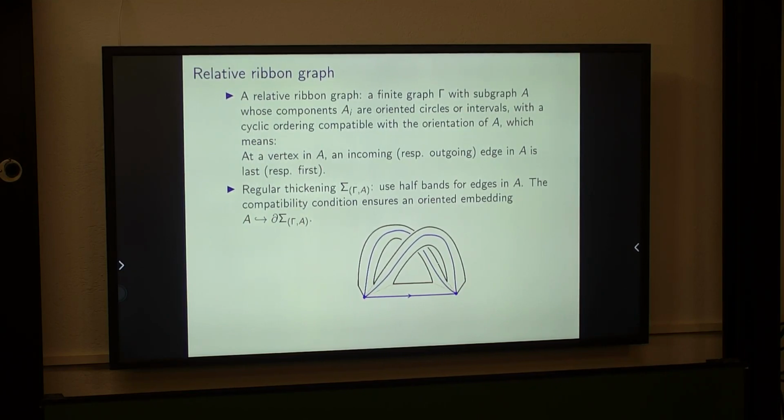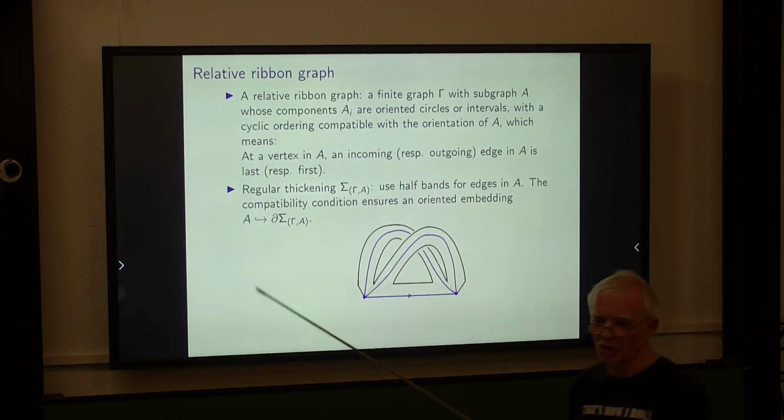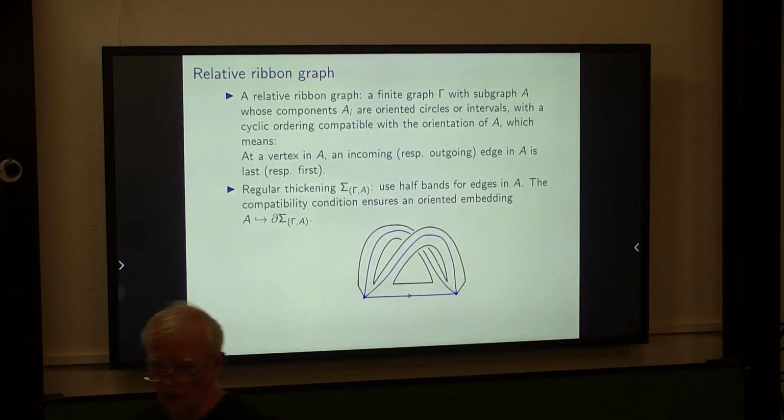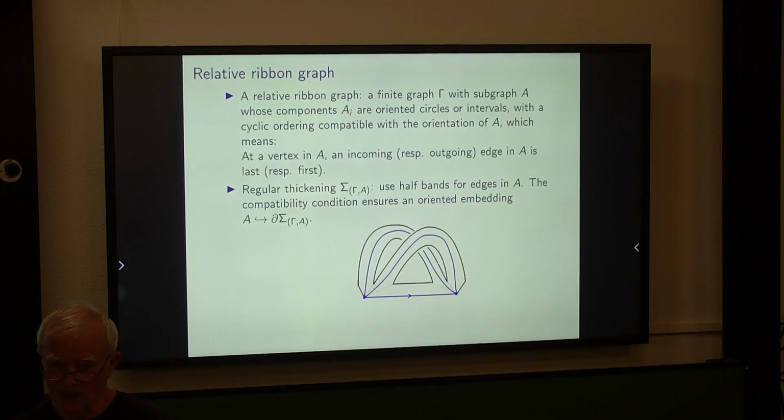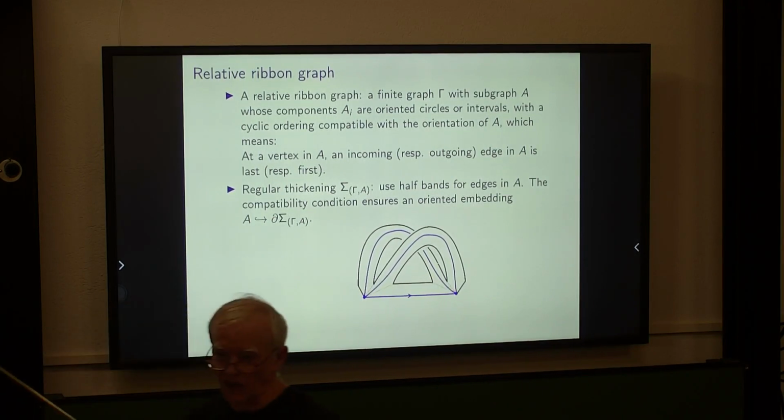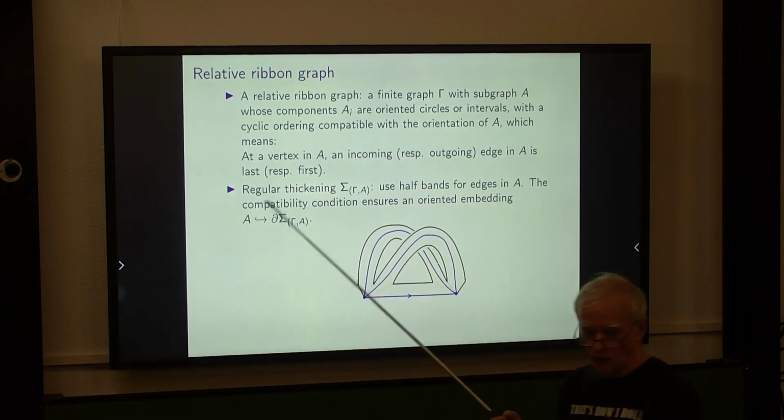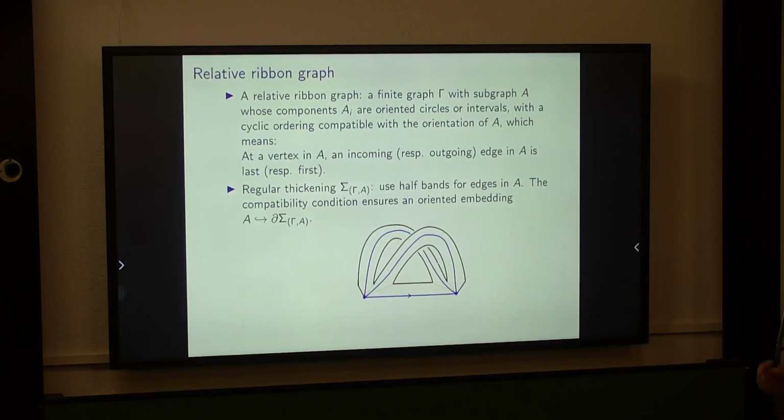Do you also have an orientation of every edge in A? No. Of every component? No. I will need an orientation of these edges when I want to fix a basis, but formally I don't need it. The oriented surface is defined with the edges and the cyclic ordering. But I need the compatibility on the boundary, so the orientation is given for the subgraph. It's fixed.